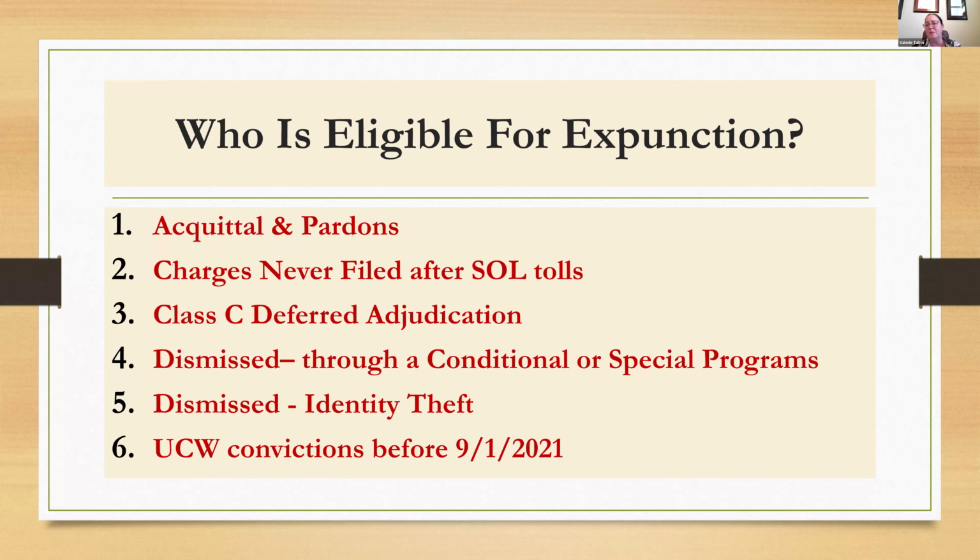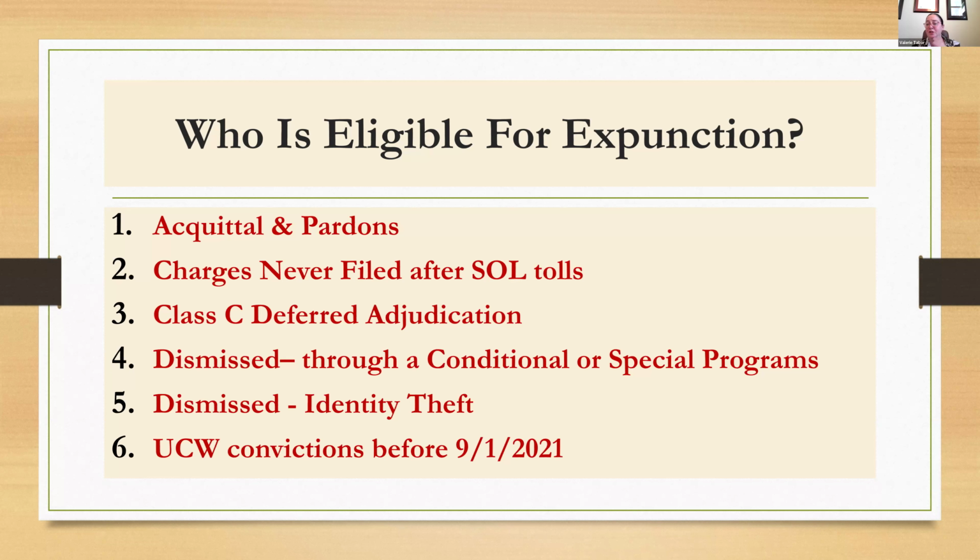If you participate in a program like the STAR program, which is geared towards people engaged in prostitution, or the AIM court, which is geared towards youthful offenders age 17 to 25, and you complete these programs, you are automatically eligible for an expunction.